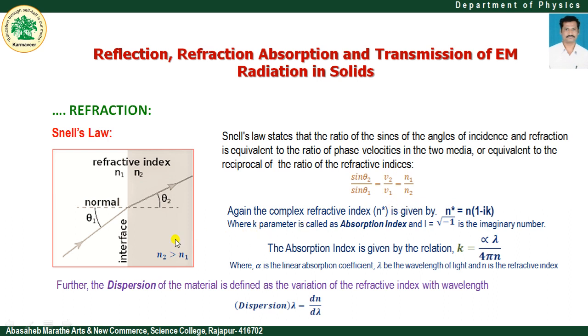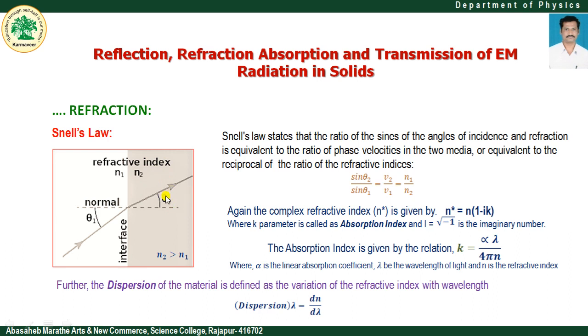When a ray of light enters from the material with refractive index n1 into the material of refractive index n2, and if n2 is greater than n1, then the ray is bent towards the normal and away from the boundary surface.